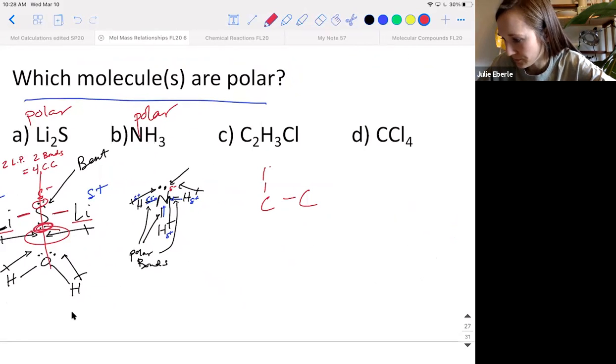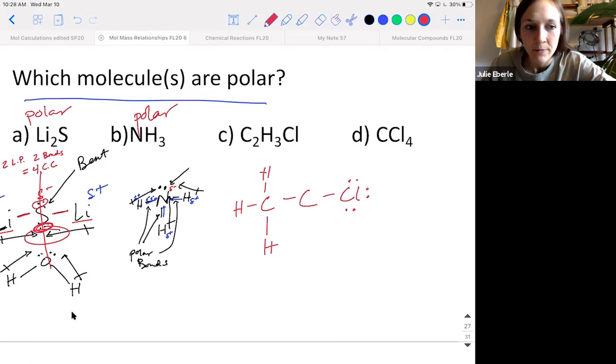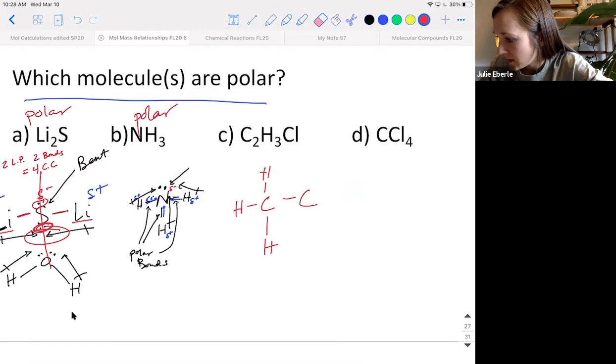If I put all 3 hydrogens on 1 carbon, and then all I can do is put the chlorine, I can't draw it like this because that second carbon is very unsatisfied. Maddie said it, double bond. So you've got to double bond your carbons here. And then you've got hydrogen, and hydrogen off that one and chlorine off that one.